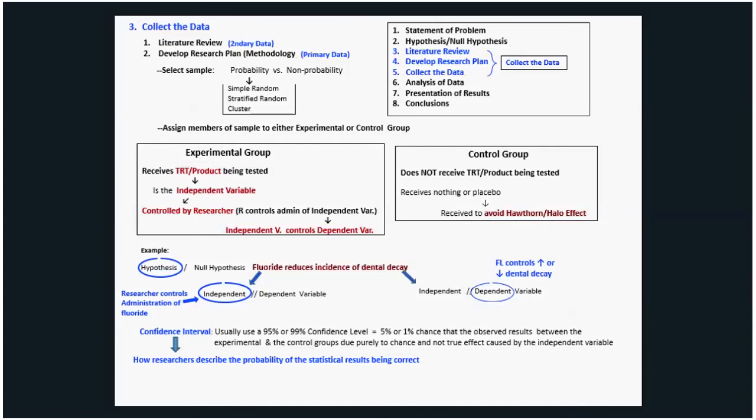I'm saying that there's less than a 4% chance that something from the outside affected my results. My confidence level, I'm 96% confident that my results are correct, that this reduction in the incidence of decay is due to the administration of the fluoride and not something else that has affected this research or this result.